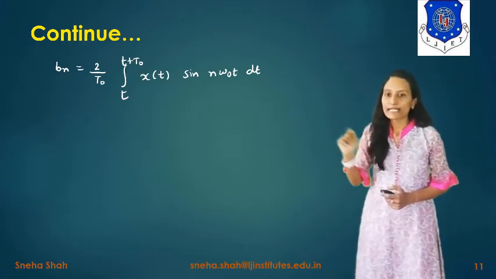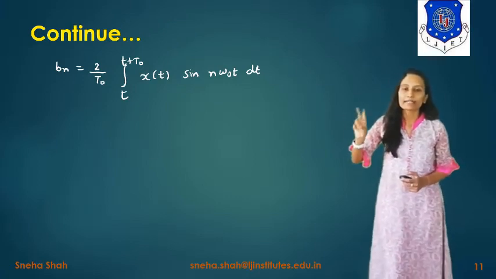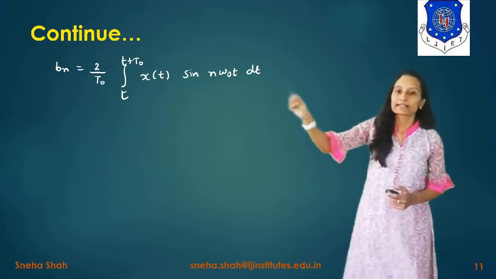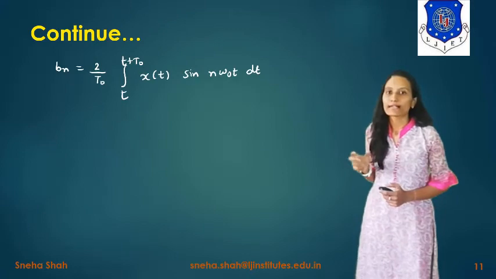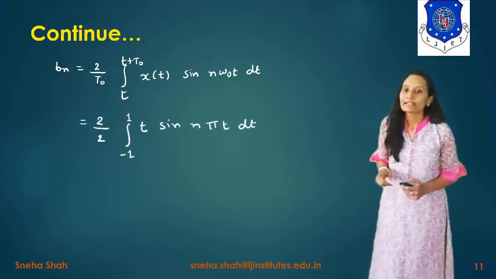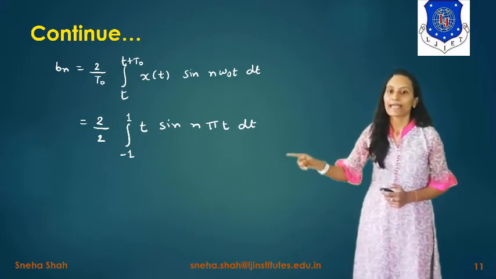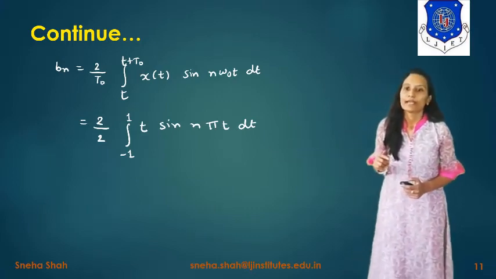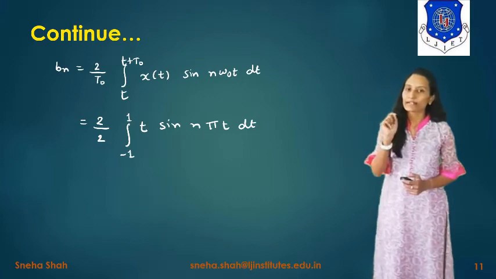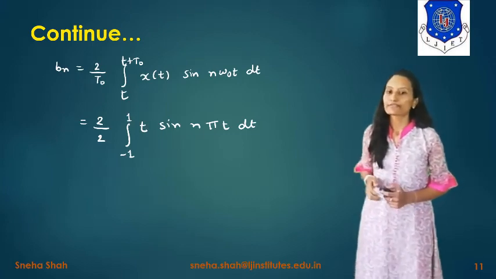Instead of T0, we are taking its fundamental period as 2, and instead of omega 0, we are taking its value as pi. So the final term will be 2 by 2 integration -1 to 1 t into sin n pi t dt. Now 2 will be cancelled out, so its value will be 1.